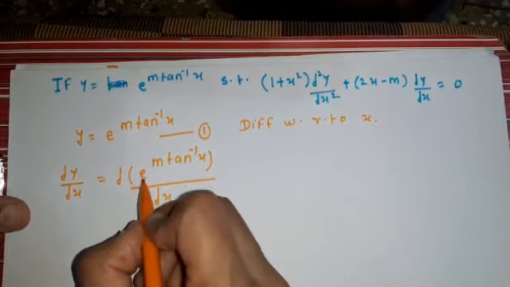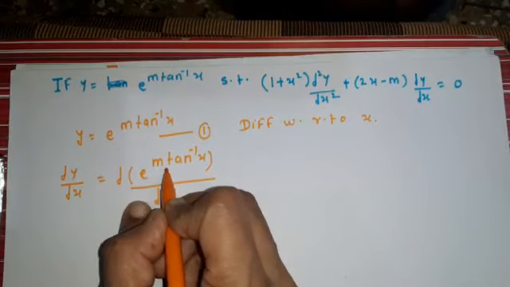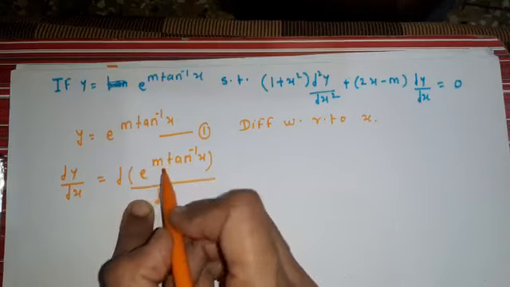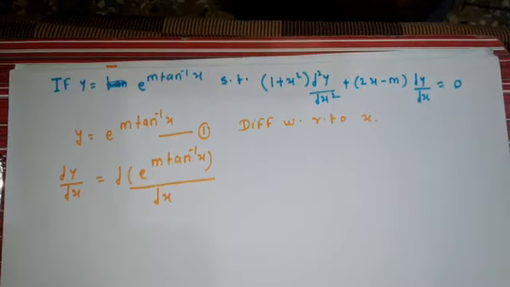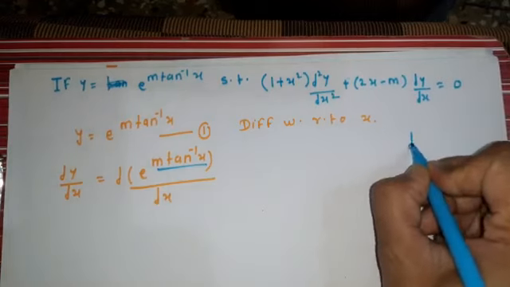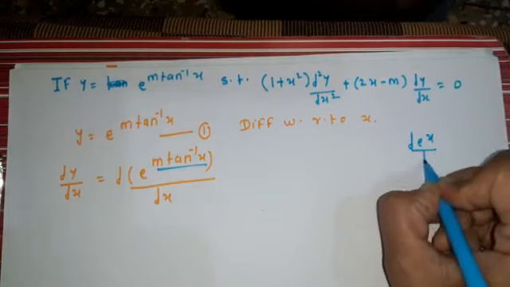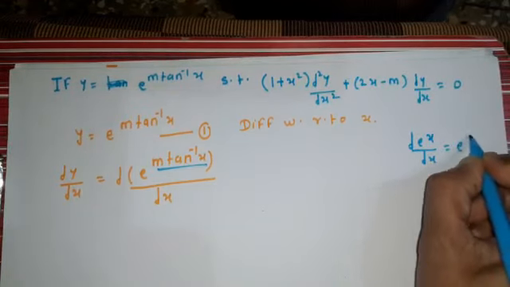To differentiate this, we use the e raised to x function. Instead of x there is m tan inverse of x, and the differentiation of e raised to x with respect to x is e raised to x.